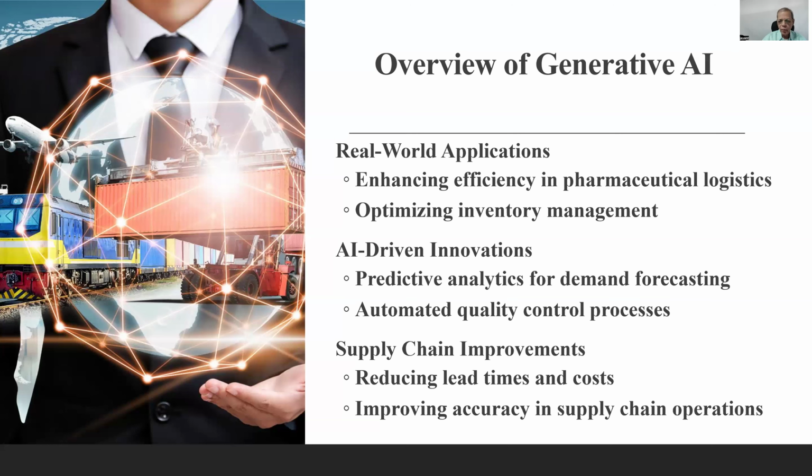And more and more accurate demand can really reduce your inventory and make the processing of the complete supply chain much faster. And that helps in automating the quality control processes also. So supply chain management can improve by reducing lead times. Lead time is basically the time to the market to support the market demand, and then the cost, and it improves the accuracy in supply chain operations.